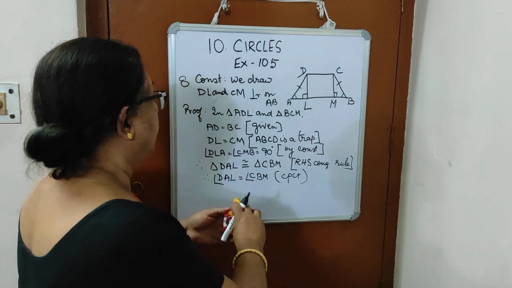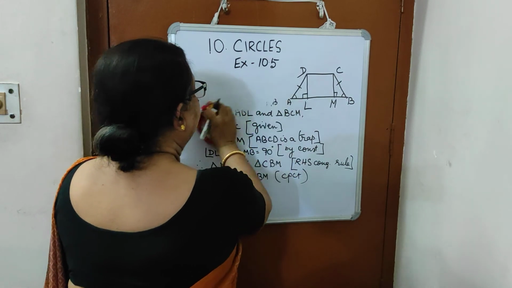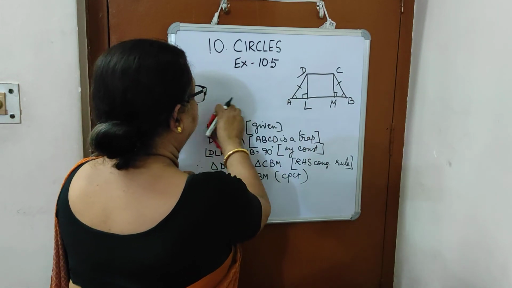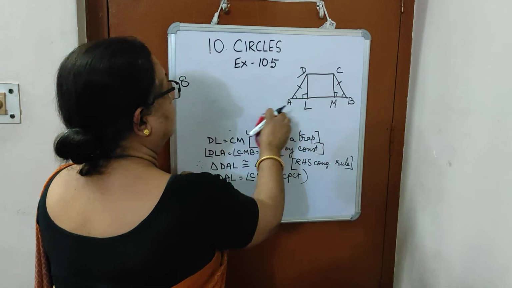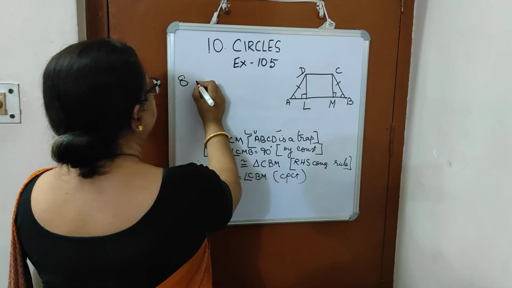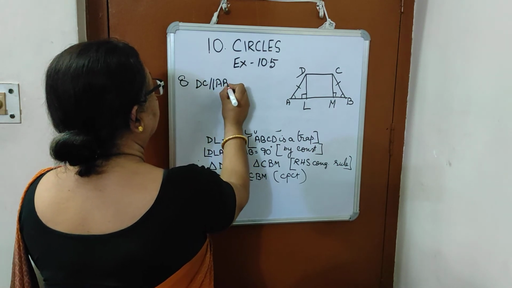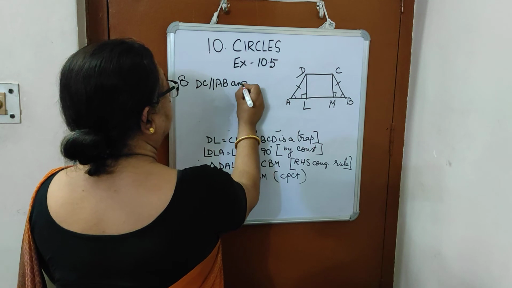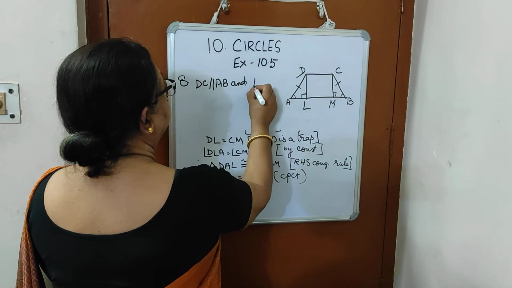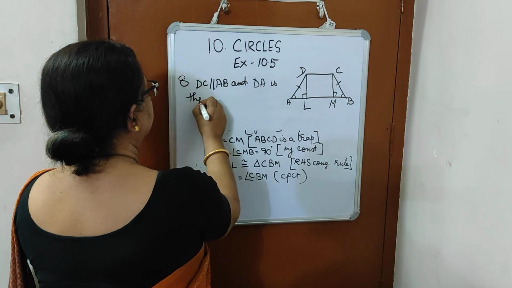Now see here, again consider this. DC is parallel to AB and DA is the transversal.